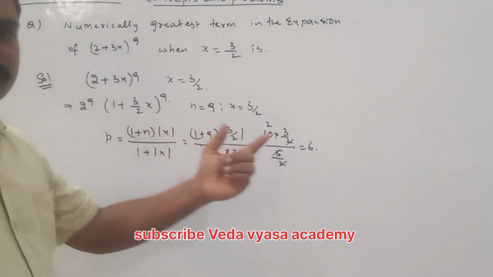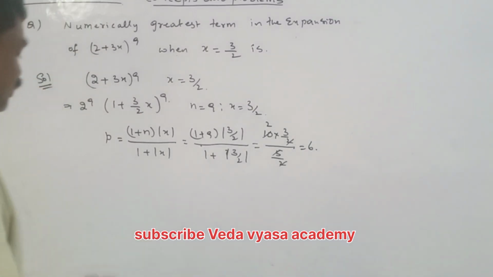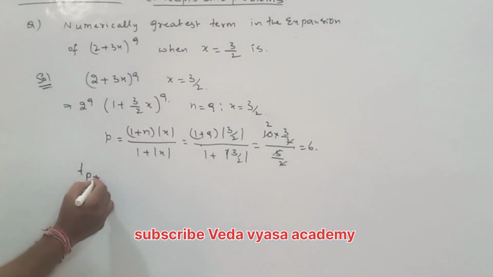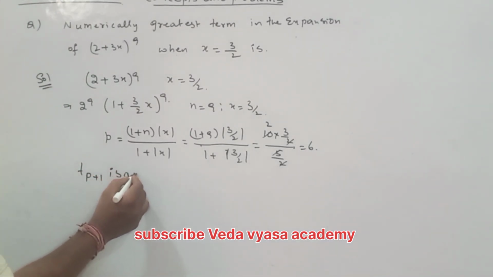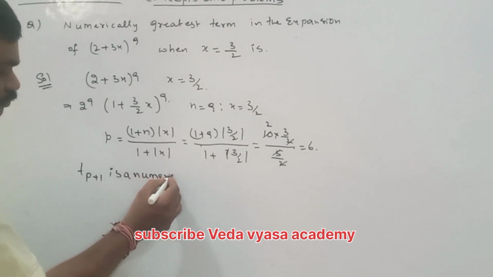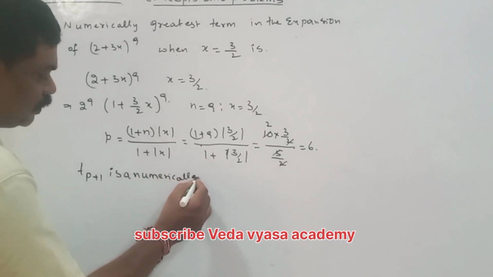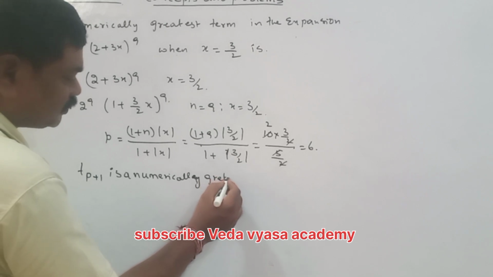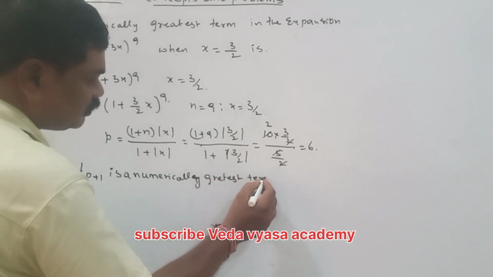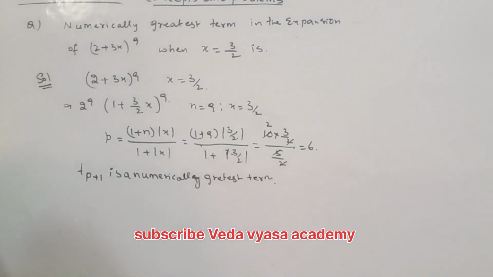So p is equal to 6, then T(p+1) is the numerically greatest term.